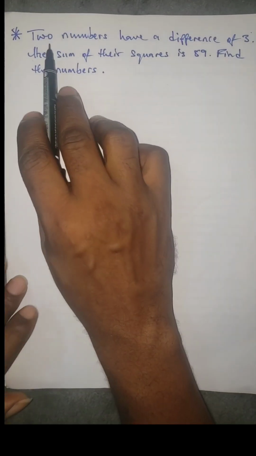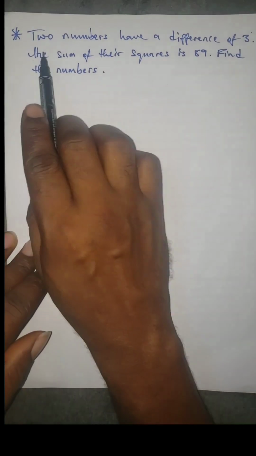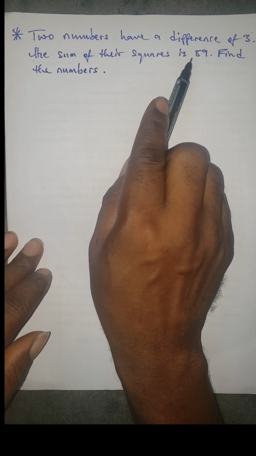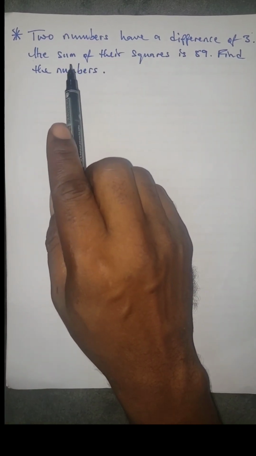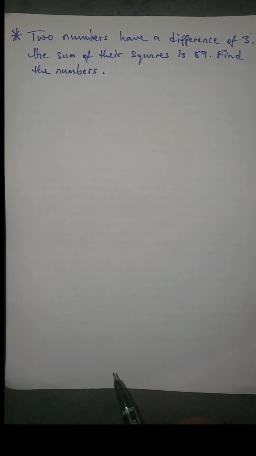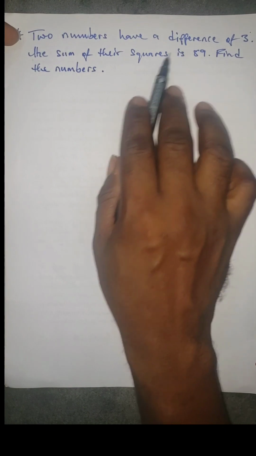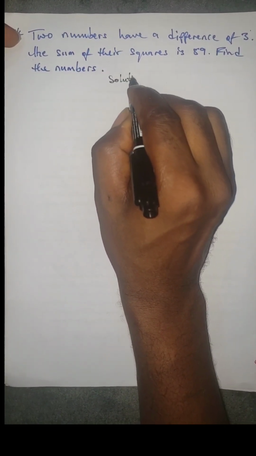So, two numbers have difference of 3. The sum of their squares is 89. Find the numbers. So let us write out this statement in mathematical form. So write our solution.